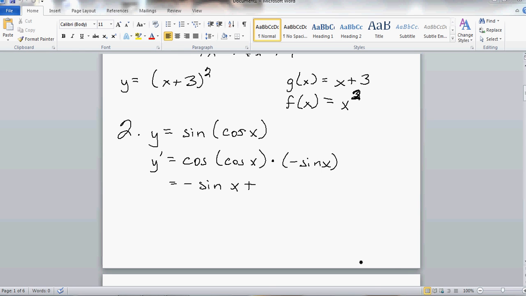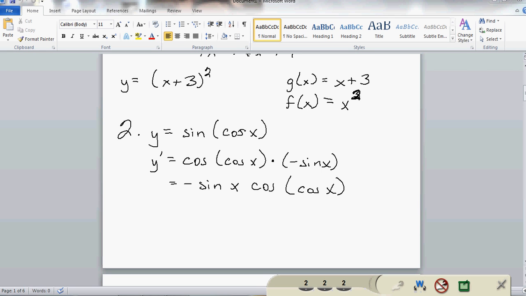We get negative sine of x times the cosine of cosine of x. Not very pleasing as a final answer, but that's all there is. Keep that in mind. It might be best to plug in the values at the beginning so that you see sine is the outside function, cosine of x is the inside, and it's a whole lot easier to see it from that form.